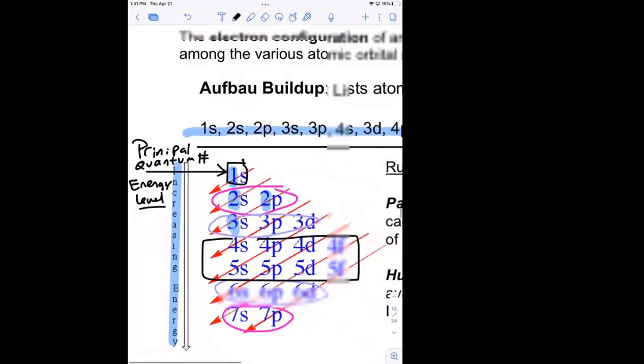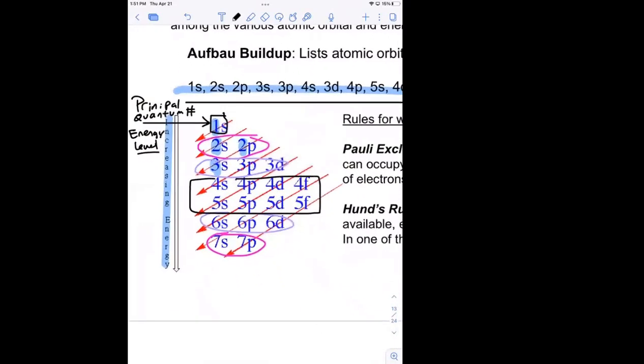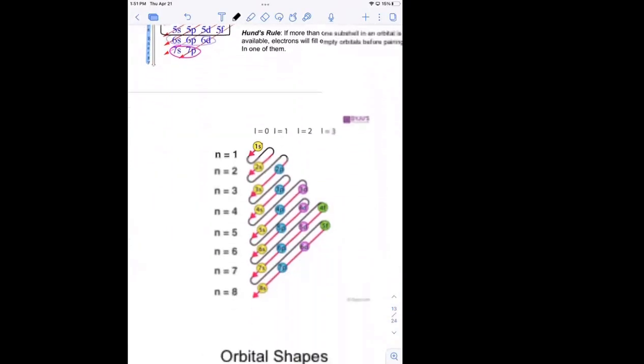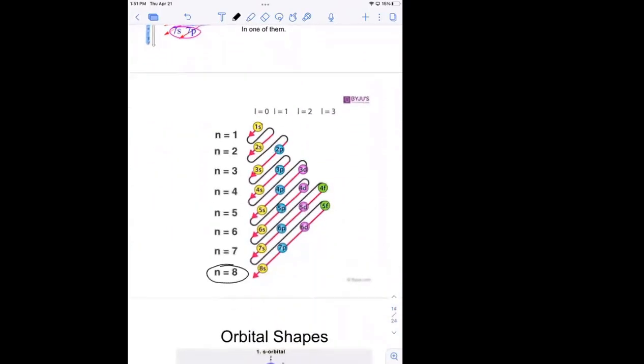Right, so 1 is the lowest energy level, and then you go all the way to 7. Right, and in some depictions, like the one on the next page, it goes to 8. It just depends on what type of atom you're working with, because when you get into those lanthanides and actinides, you have a lot of electrons, and you can fill up all of these orbitals, right, from 1s all the way down to 8s.